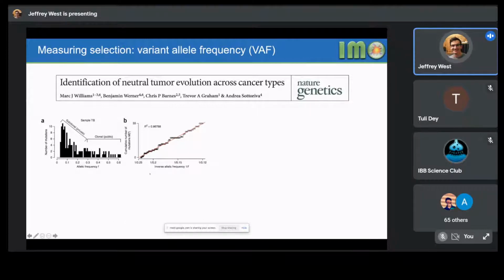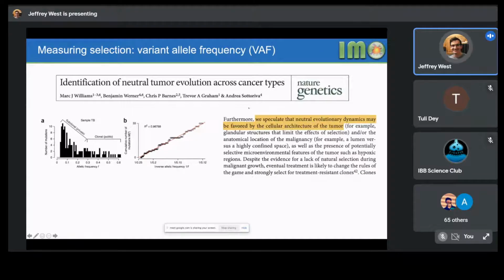And then we plot 1 over the frequency as a function of the cumulative number of mutations. And there is a theory that says that the relationship between these two variables is going to be linear if the tumor is neutrally evolving. So if you're interested in this, I would encourage you to read this paper. It's a really nice explanation of this theory.